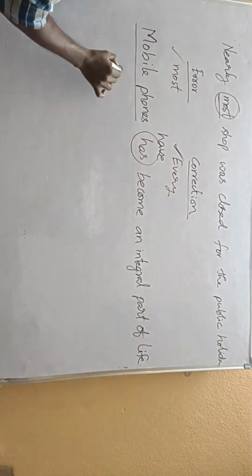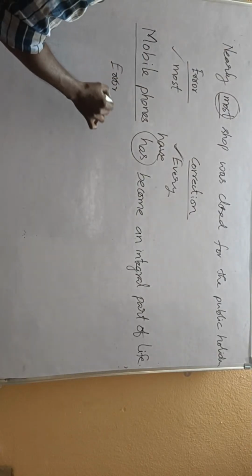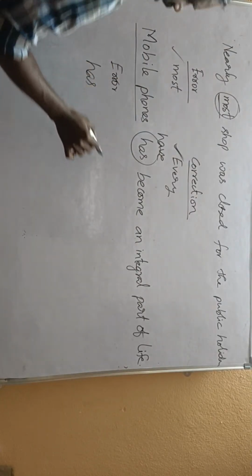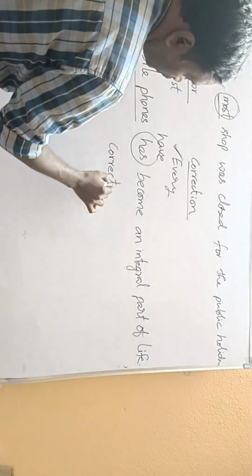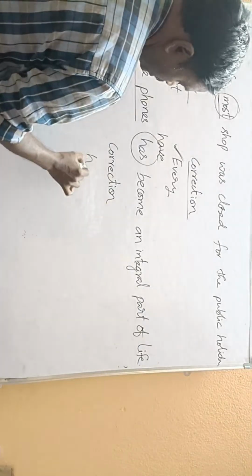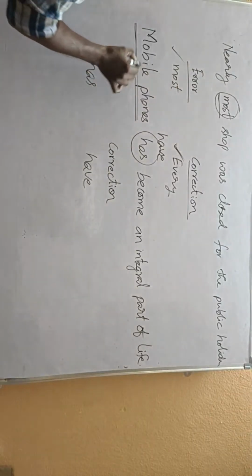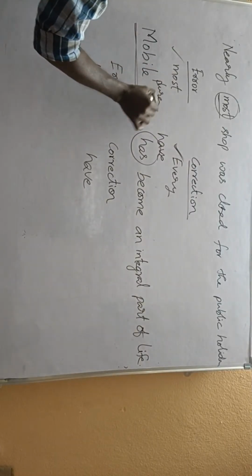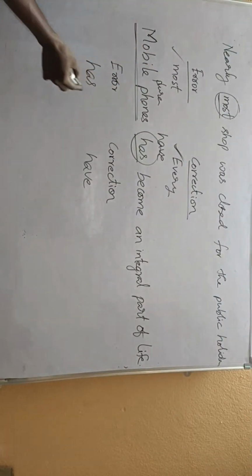So the error is has, and the correction is have. Here mobile phones is plural, and the verb used here is singular.